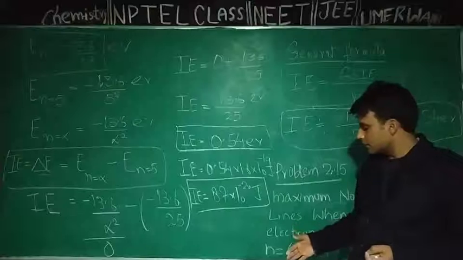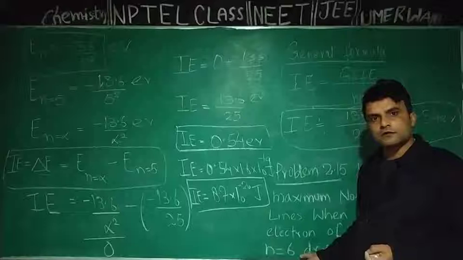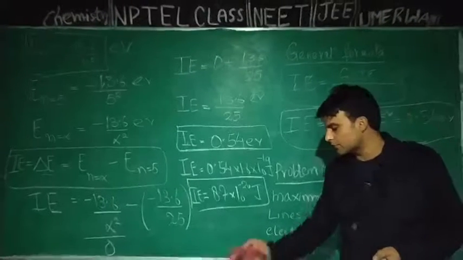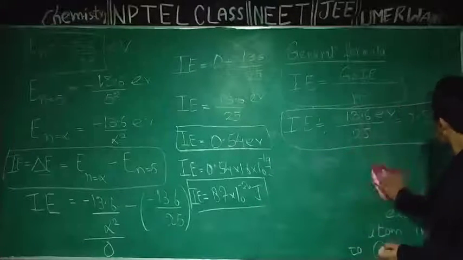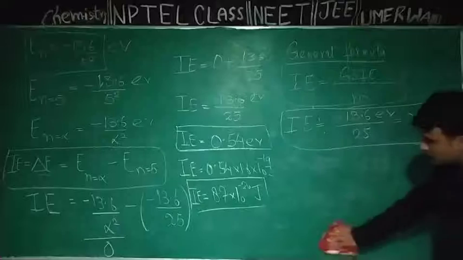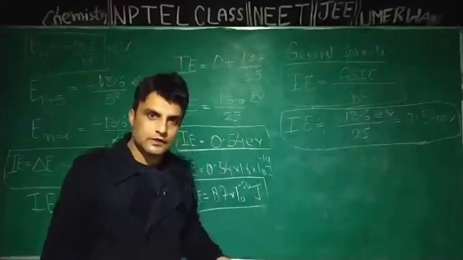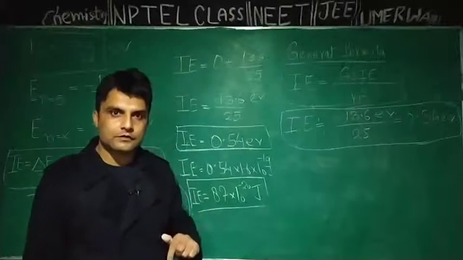When the electron in the excited hydrogen atom makes an electron transition back from n equal to 6 to n equal to 1. The hydrogen atom is present in an excited state, and in this excited state the electron is present in n equal to 6, sixth orbit.